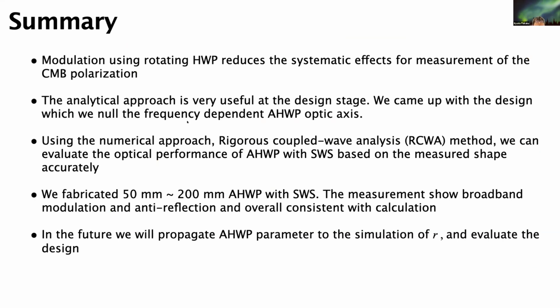Combined with the structured anti-reflective structures, the RCWA method can be useful to calculate the accurate performance. In the validation, we fabricated the 50 millimeter to 200 millimeter achromatic half-wave plate with subwavelength structures, and the measurement shows good agreement with the calculation and achieved a broadband modulation with high transmittance.